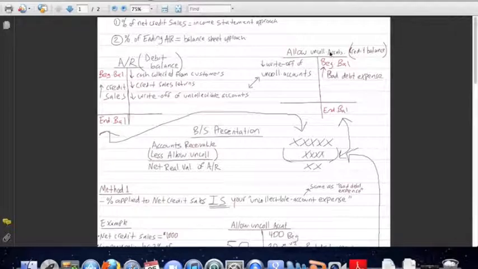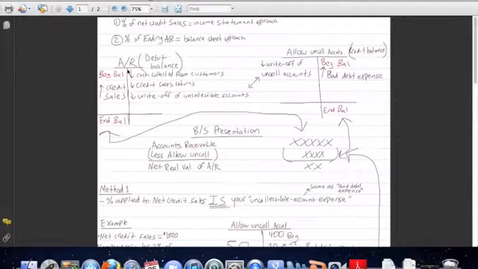The allowance is a contra account to accounts receivable, so it reduces your ending accounts receivable. On the balance sheet, you present your ending accounts receivable minus your ending allowance for uncollectible accounts, and that gives you the net realizable value of accounts receivable.